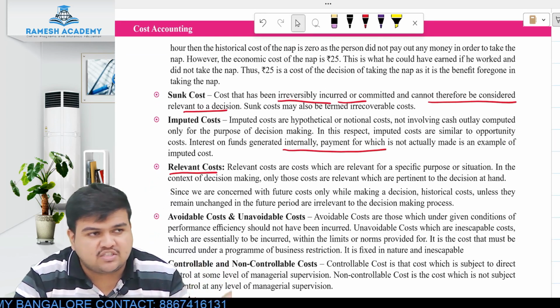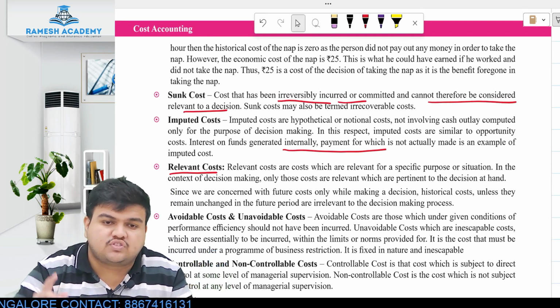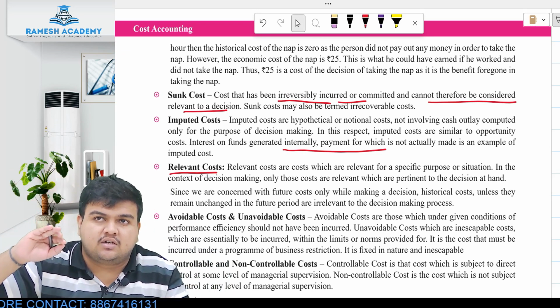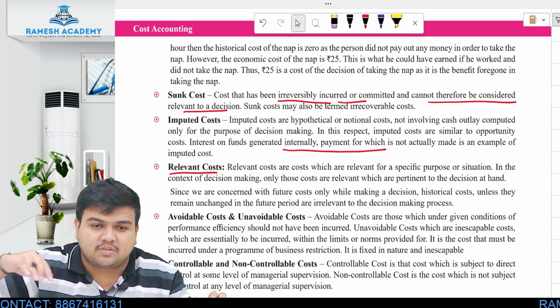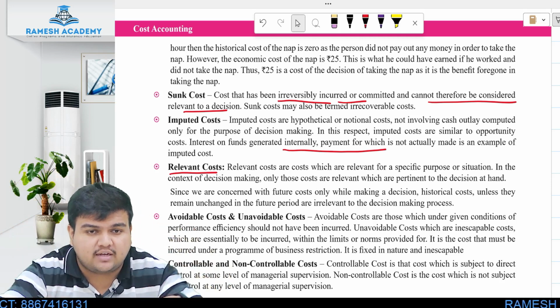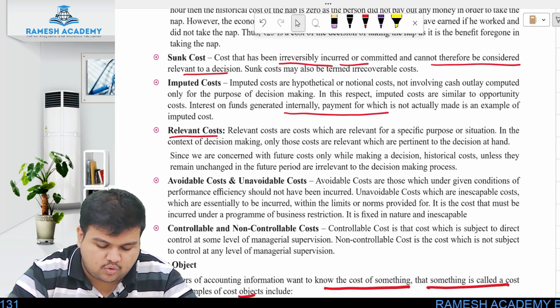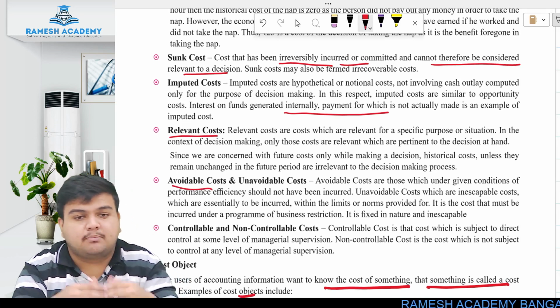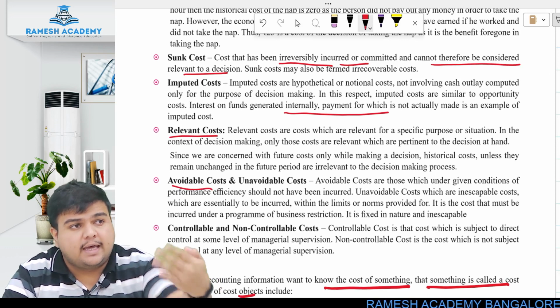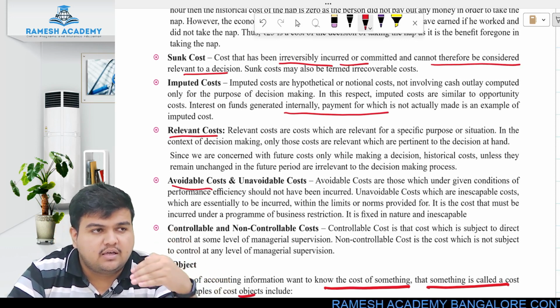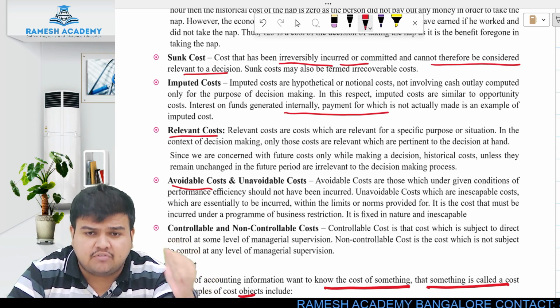Okay, you manufacture a bottle and you put the cost of some other expenses like juice expenses or something. Only the costs that are relevant to that should be included. Then avoidable and unavoidable cost. Costs which you can avoid by putting some measures or control, that is avoidable cost.